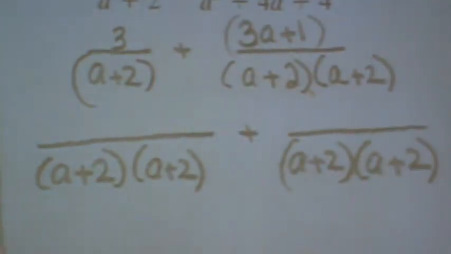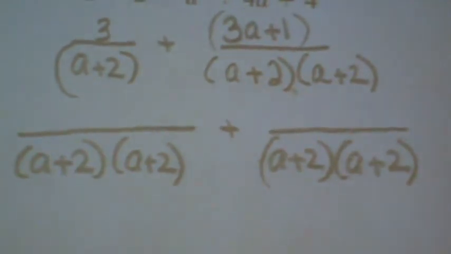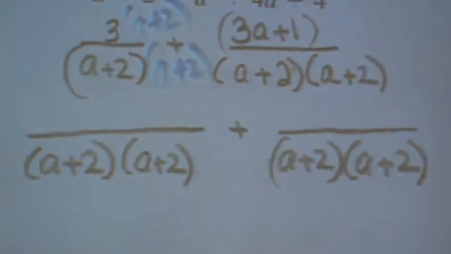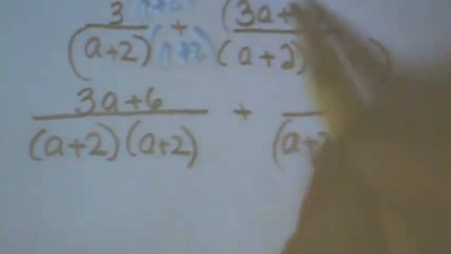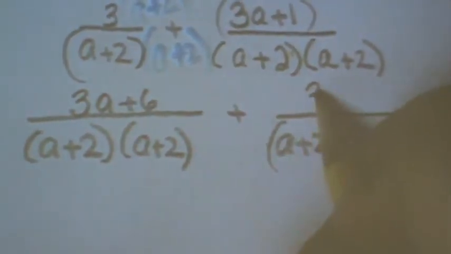Okay, so help me out here. What am I gonna do? You times the first one by A plus 2. What is 3 times A plus 2? 3A plus 6. What do I do here? Nothing, I mean, we'll times it by.